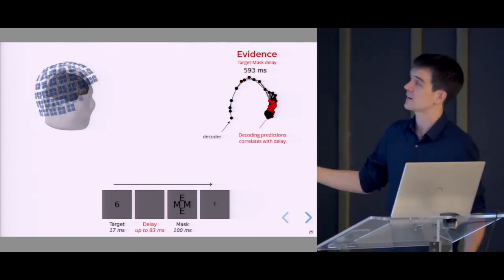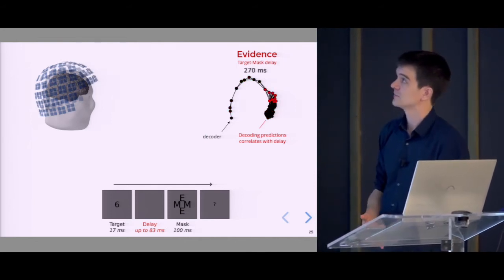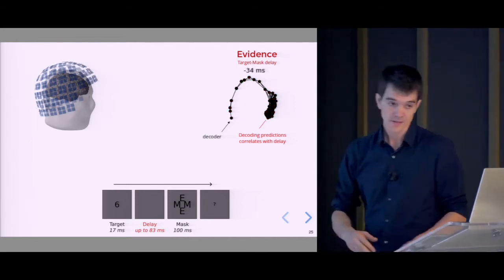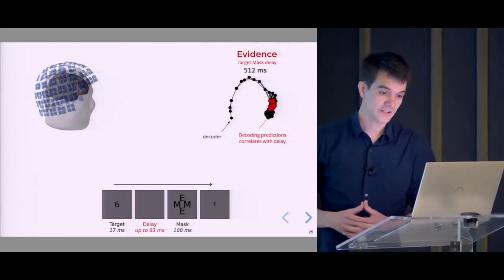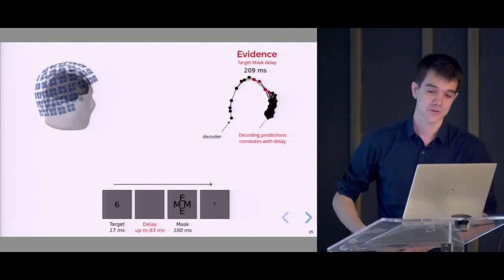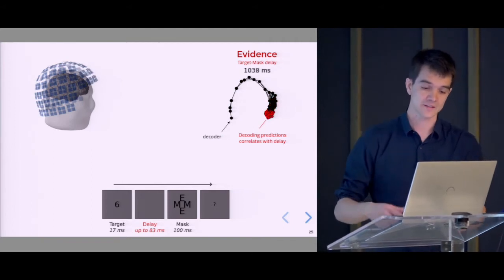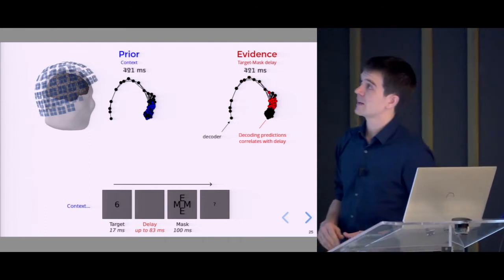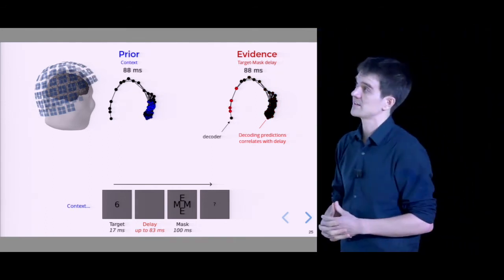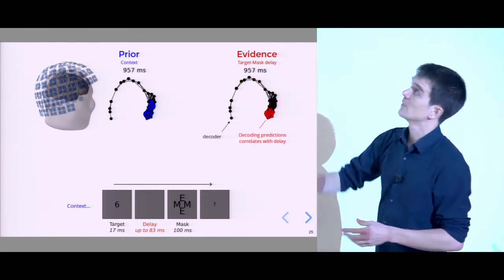It's pretty much exactly the same as what I showed you before in terms of dynamics. And now the little red bubble indicates that there is a correlation between what the decoder actually predicts and the delay that separates the target and the mask. If we do the same analysis now with prior, so the extent to which subjects expected the stimulus to be present or not, we have a different dynamic.